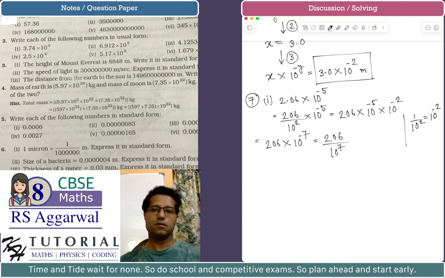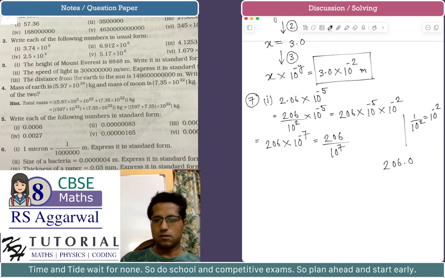So where will be the decimal point? Whatever the number in the numerator is, we have 206. Even though there is no decimal point, 206 is nothing but 206.0. Now if you divide 206 by 10 to the power 7, you have to shift the decimal point 7 places to the left hand side.